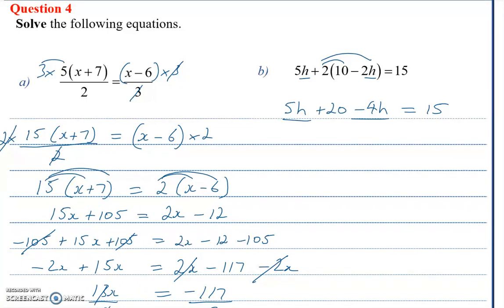We have a 5h and a negative 4h, which leaves us with h plus 20 equals 15. We'll now subtract 20 from both sides. Negative 20 and positive 20 cancel out, which leaves us with h equals negative 5. That's the solution to our linear equation.